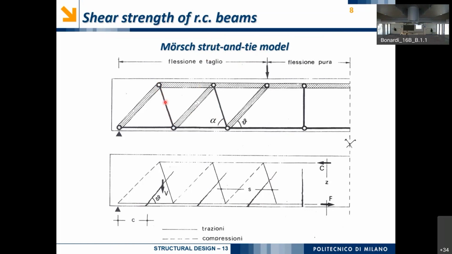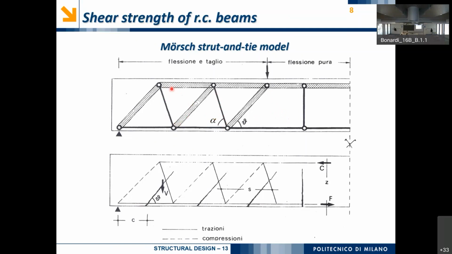So, in your opinion, what are these diagonal elements? Obviously, these are diagonal or vertical elements in steel, because only steel can undergo tensile stresses. So we will need, in order to ensure equilibrium of the structure, some vertical or somehow inclined metallic elements. These elements can be inclined reinforcement shear bars, if they are diagonal, and typically in Italian they are called ferri piegati.